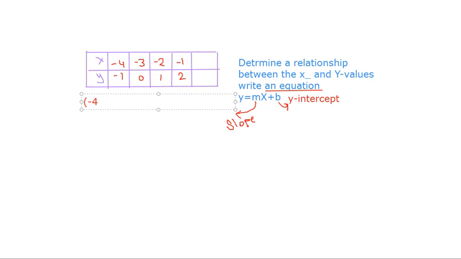-4 and -1. Yes, -4 and -1. And what is the next ordered pair? -3 and 0. Okay, -3 and 0. Thank you. Then we are going to calculate the slope. It will be y2 minus y1, which means 0 minus -1, which will be 0 plus 1.